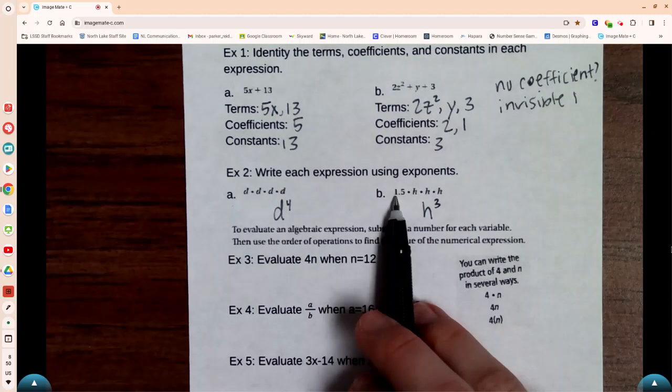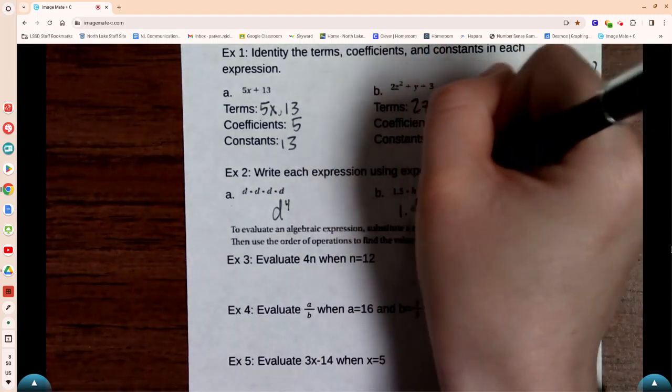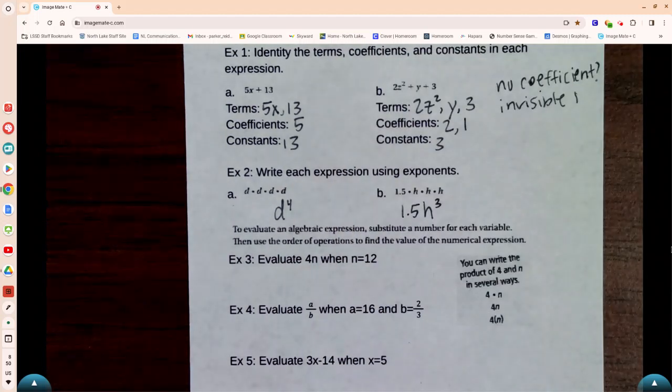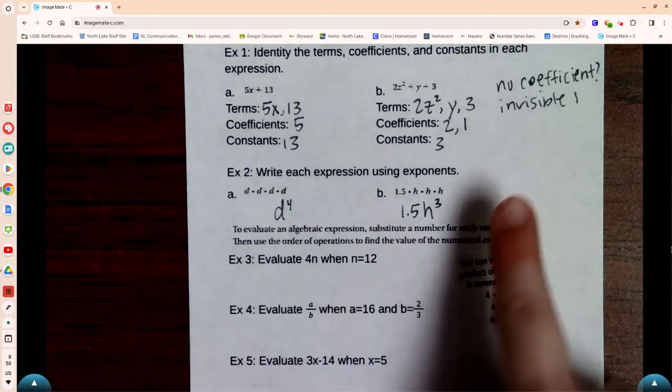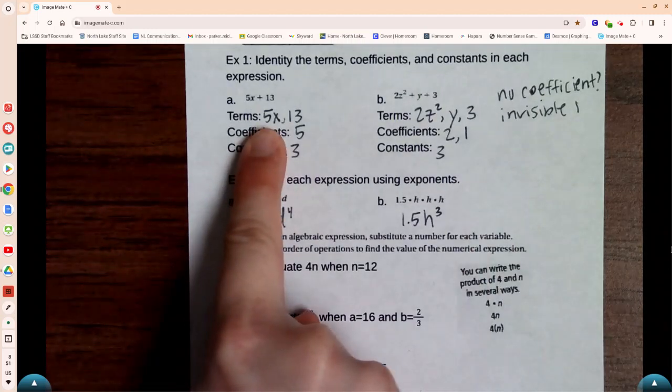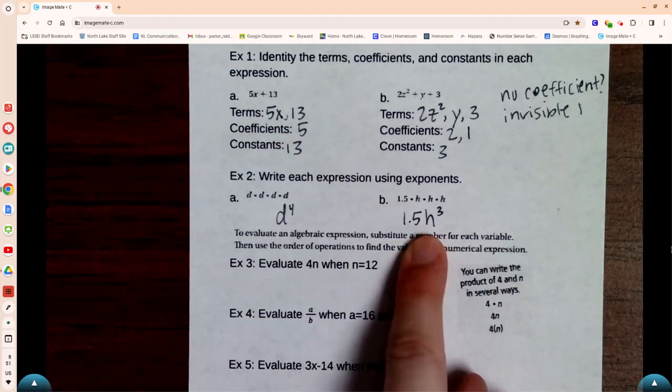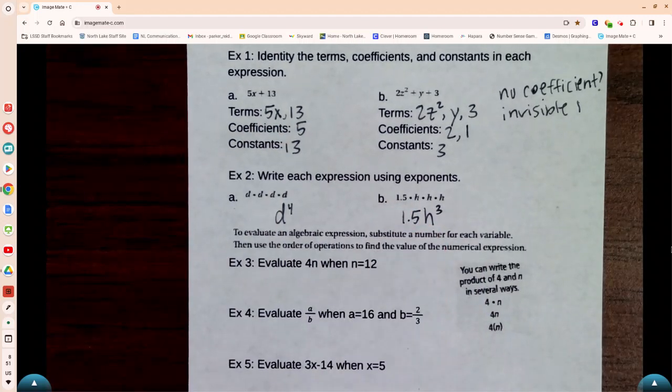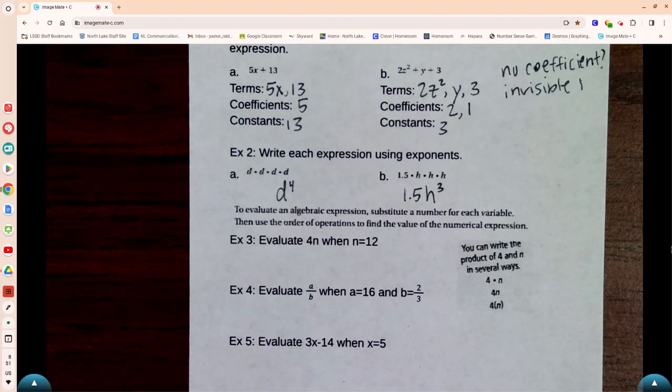So since 1.5 is being multiplied by this stuff, I can just write it right in front of the letter. Questions about example 2? This is the same thing as chapter 1, but now we're using a letter, a variable instead.